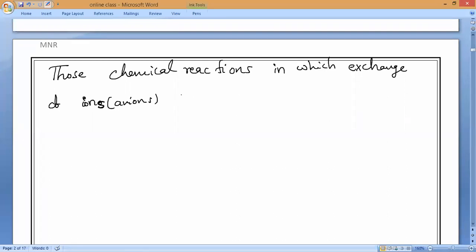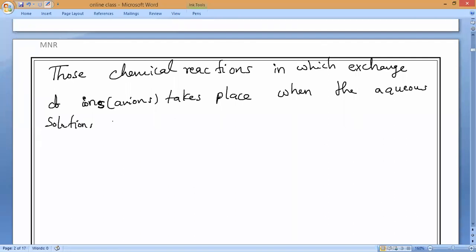Exchange of ions takes place when the aqueous solutions of two ionic compounds are mixed together. Do you understand, everybody?